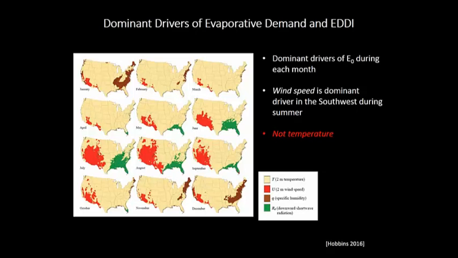And then other places like the Southeast, the downward shortwave radiation is the most important driver. And humidity in some cases is the most important driver. And the real take-home message is that EDDI is not always just going to be a reflection of the temperature anomalies, and it actually reflects more of the evaporative dynamics from some of these other drivers, which I think can be really critical when understanding this for fire applications.